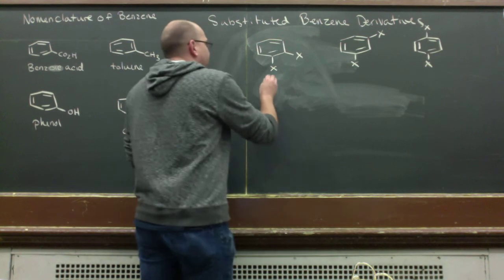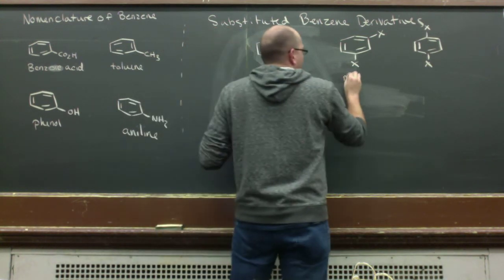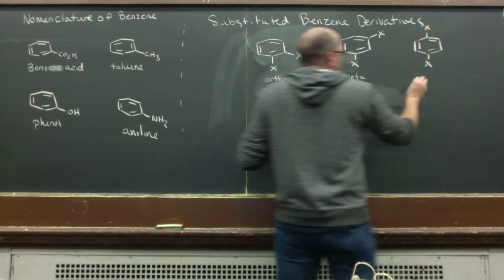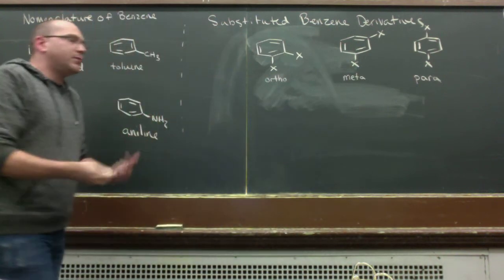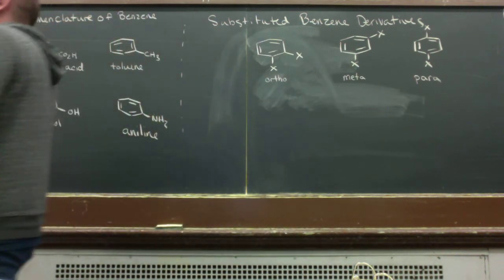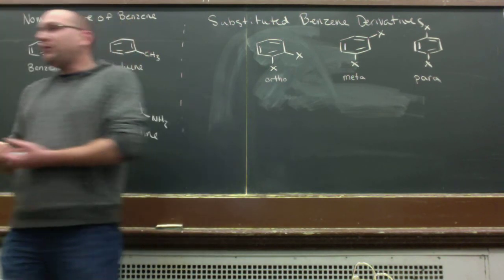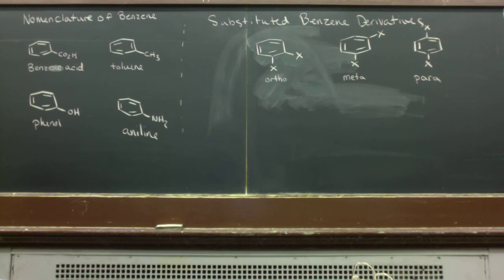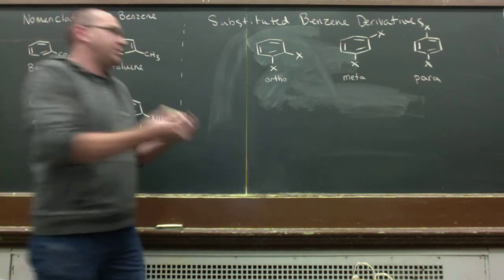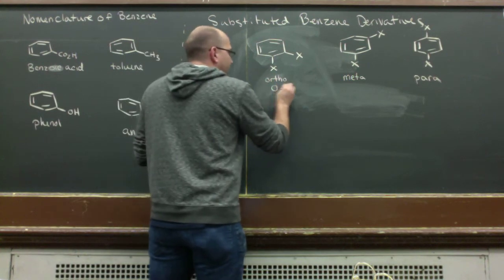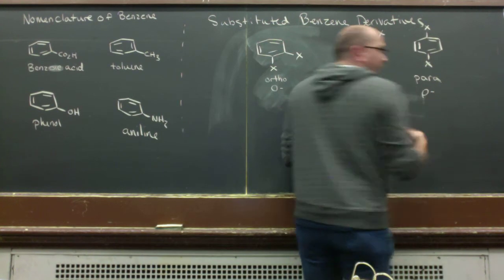And the terms that we're going to use are ortho, meta, and para. Okay, and oftentimes when you read a molecule name, sometimes you'll see a letter that talks about certain substituents, a little italicized o, a little italicized m, or a little italicized p.